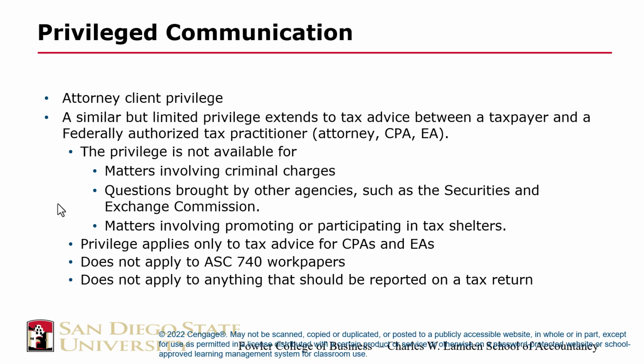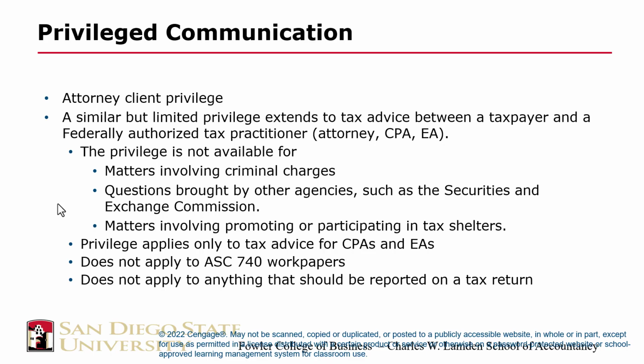That privilege is not available for any matter that involves a criminal charge. It's not available for questions brought by any other agencies, such as the SEC. And it is not available if the matter involves promoting a tax shelter. So it only applies to tax advice for CPAs and EAs. It does not apply to ASC 740 work papers. Maybe you know what that is, maybe you don't. That's the accounting for income tax that's used in financial statements.